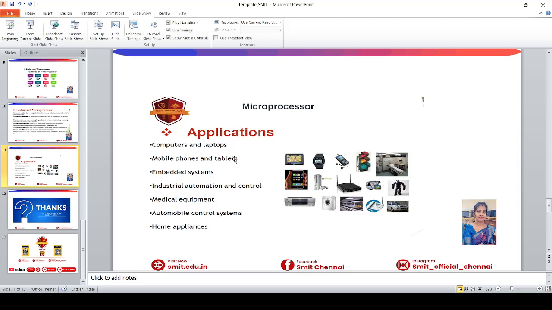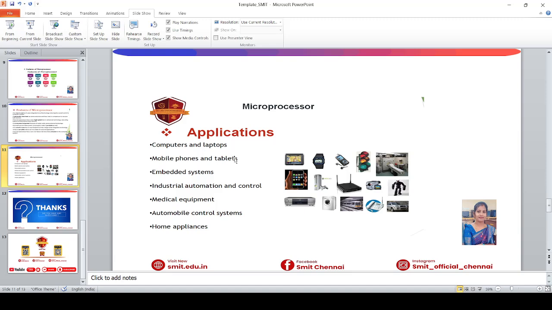Next one is medical equipment, for example ECG, CT scanner, insulin pumps, and patient monitors. These machines have a microprocessor. Next one is the automobile control system.